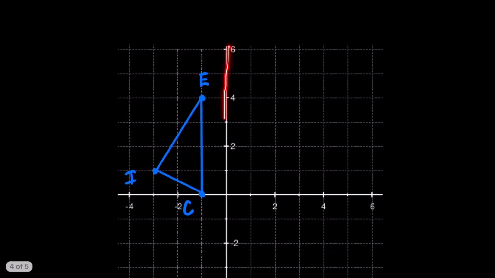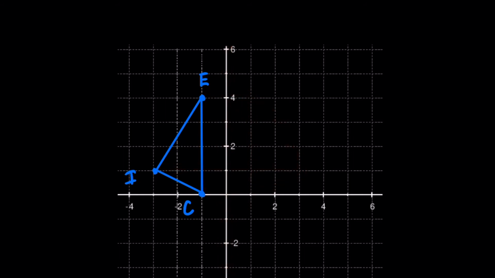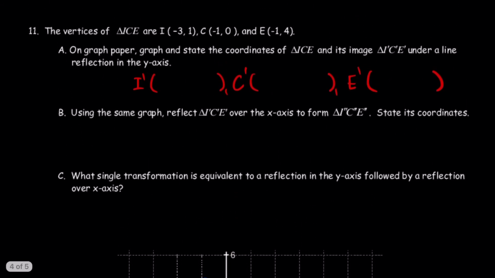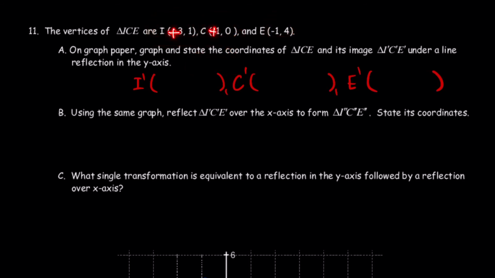Here's your y-axis. So this point would go here, that point would go there, this point would go here, and you just sketch in something like that. Then you could write the coordinates. You can also come up with the coordinates first by applying your rule for reflecting in the y-axis, which is to negate the x. So you can get those coordinates by taking these and negating the x in each one.